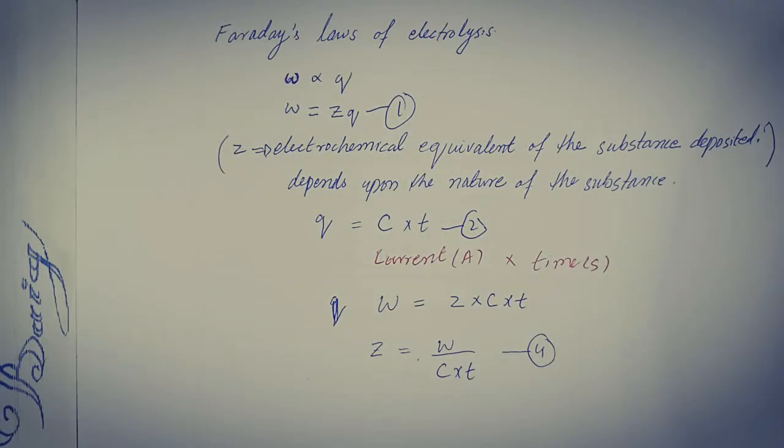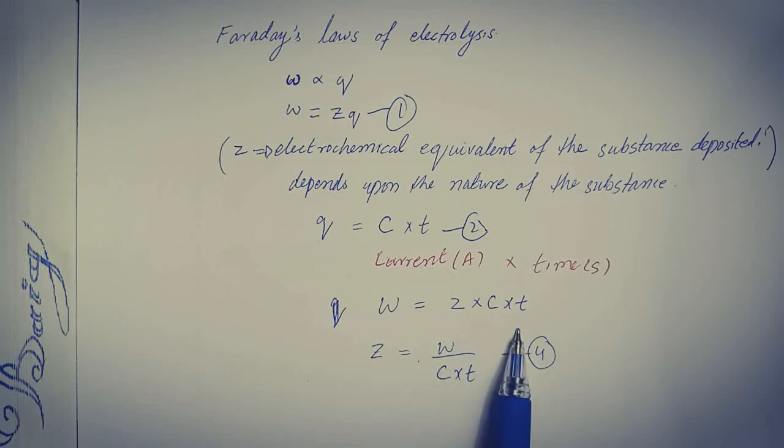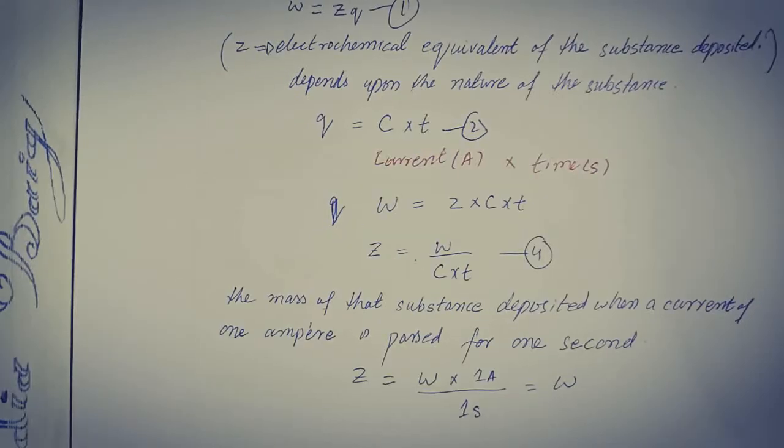So we get the weight of the substance that is deposited or liberated at the surface of electrodes in terms of the electrochemical equivalent of the substance deposited into current and time in seconds.